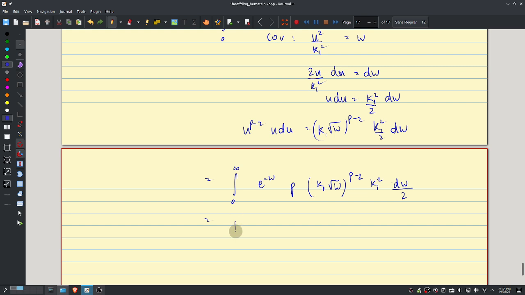So this is equal to p times a1 to the power p times the integral from 0 to infinity.